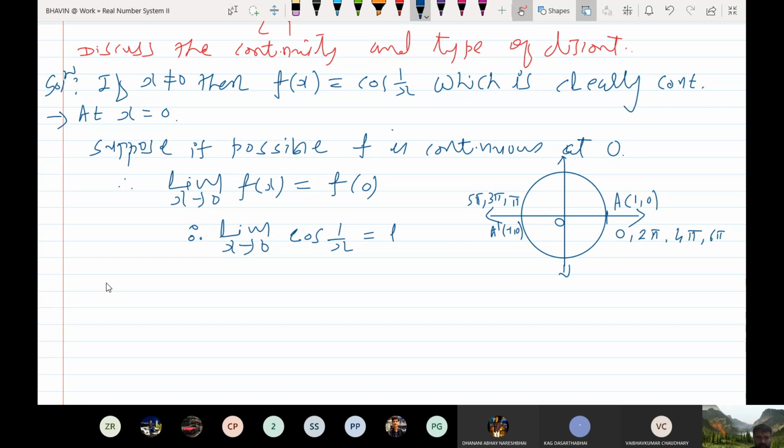So let us take xn equal to 1 upon odd multiple of pi, that is 1 upon (2n plus 1) pi, क्योंकि यहाँ पे रेसिप्रोकल है.